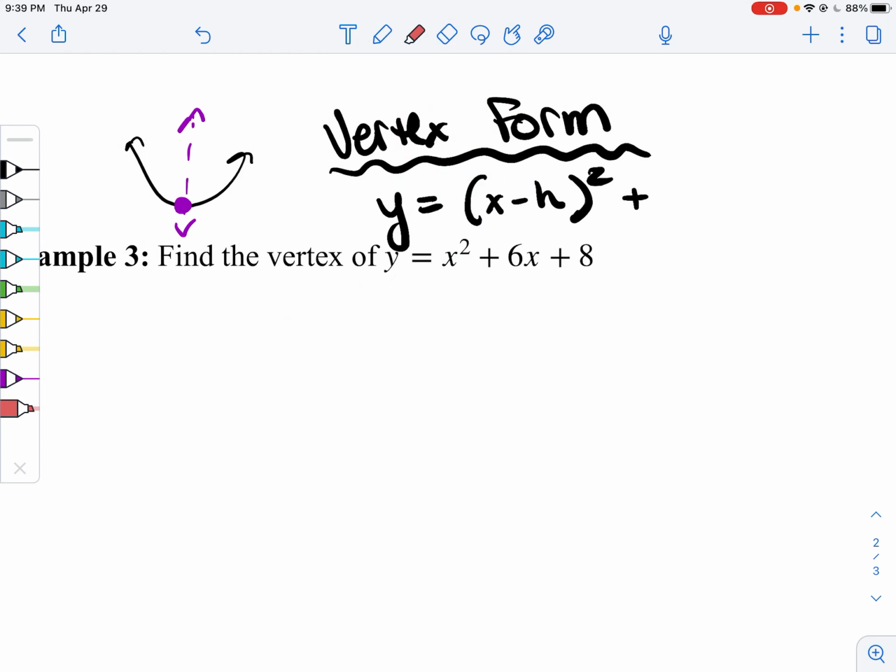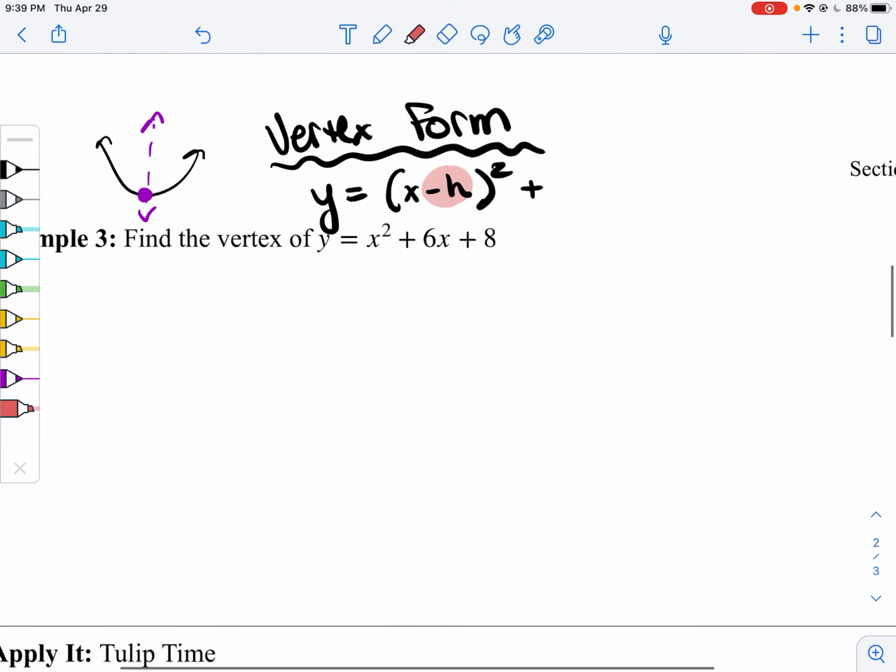But what's new, right? Okay, where h is the x value of your vertex.